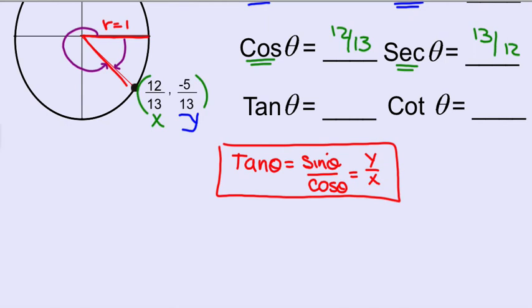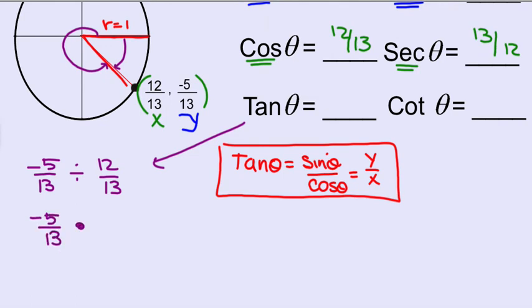And then the cotangent is a reciprocal of that. So let's come over here and find that. So we want to take the sine over the cosine. So we're taking -5 over 13, and we're dividing it by 12 over 13. If you remember taking a fraction divided by a fraction, you want to keep the first fraction, change it to multiplication, and then reciprocate the second fraction.